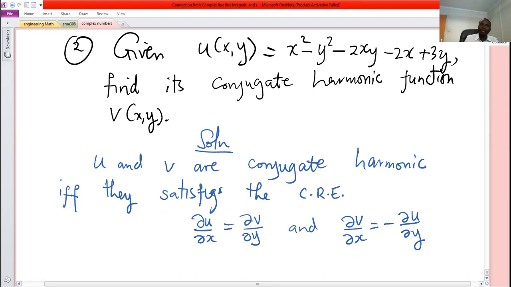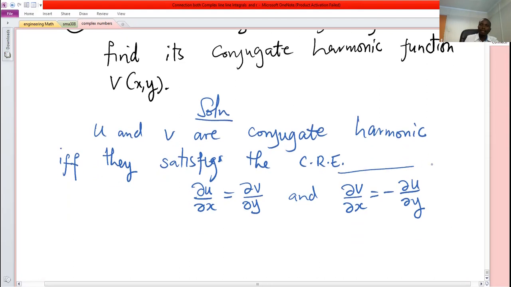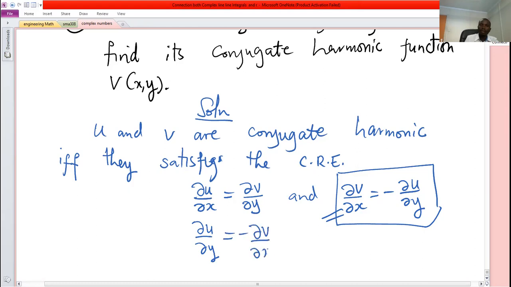Or you can write this second one as the same thing as saying partial u partial y equals negative partial v partial x.